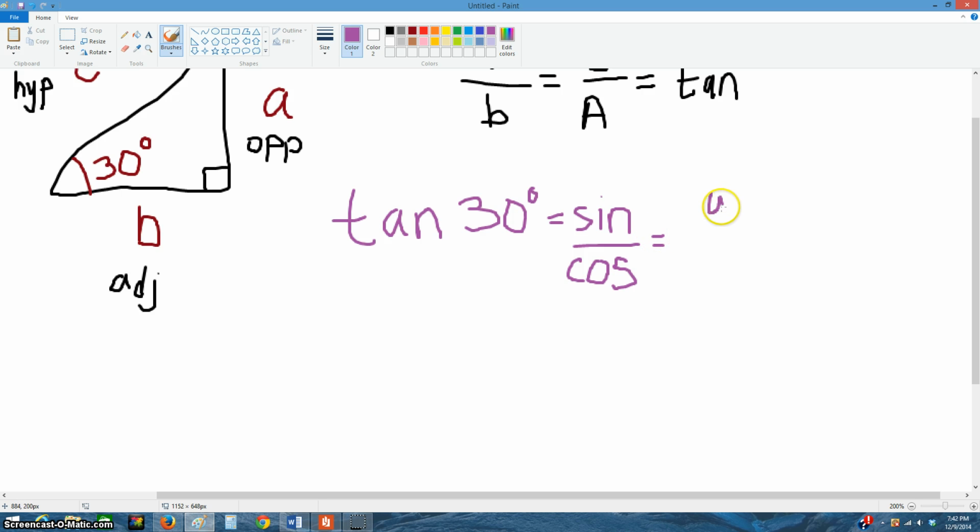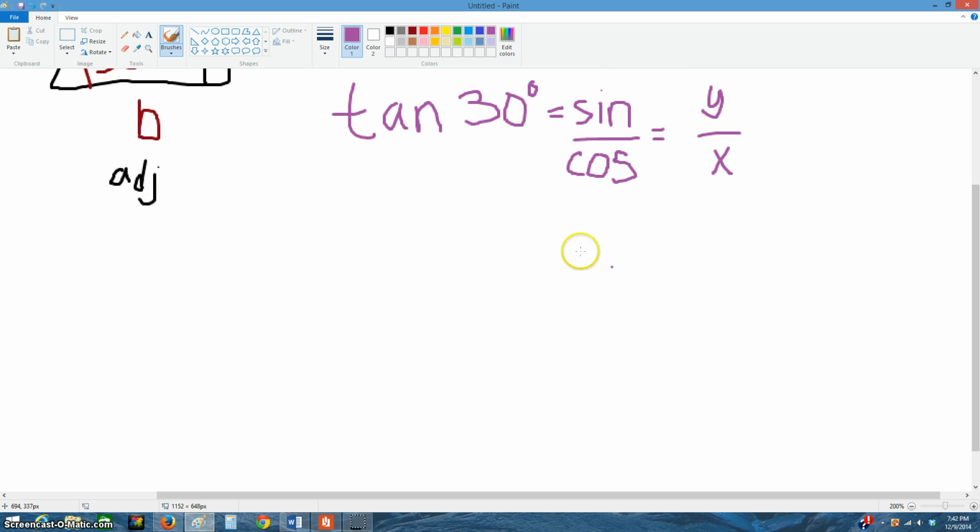The y coordinate, and cosine represents your x coordinate. So in other words, we're going to go to our unit circle. We're going to look up the 30-degree angle because it's a nice angle, and we're going to take the sine value, which is the y coordinate. We're going to put it over the cosine value, which is the x coordinate, and eventually we're going to copy, change, flip.